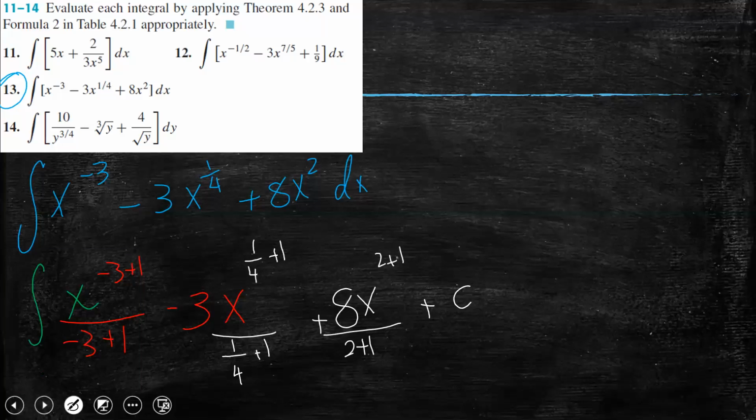Then here now, x to the power negative 2, because negative 3 plus 1 is negative 2, over negative 2, minus 3 times. Now x to the power 1 over 4 plus 1, here I can write it as 4 over 4. So it is x to the power 5 over 4, plus 8x cubed over 3, plus c.